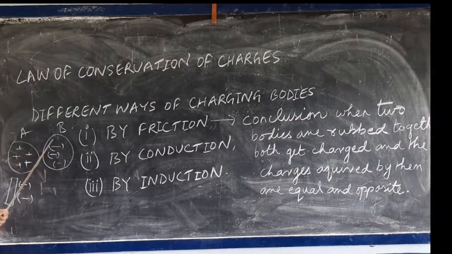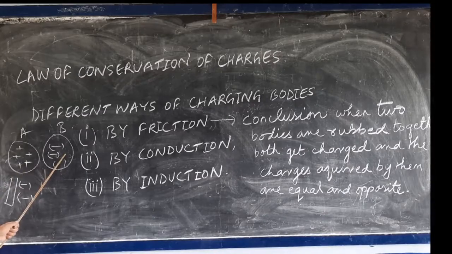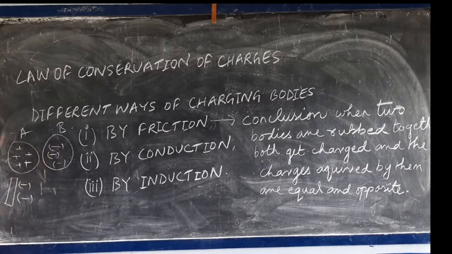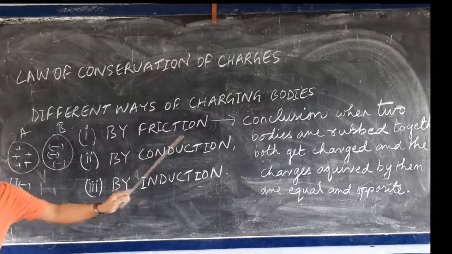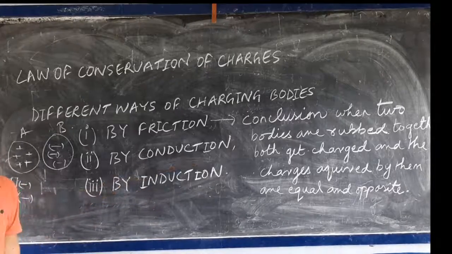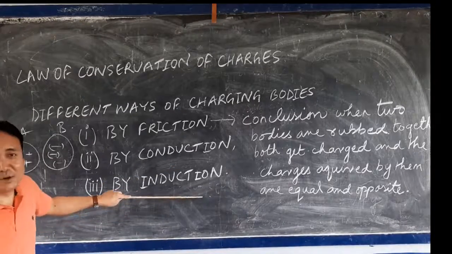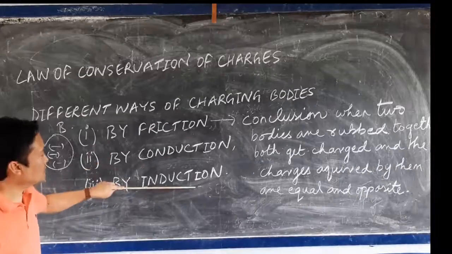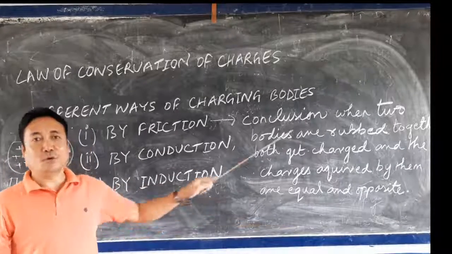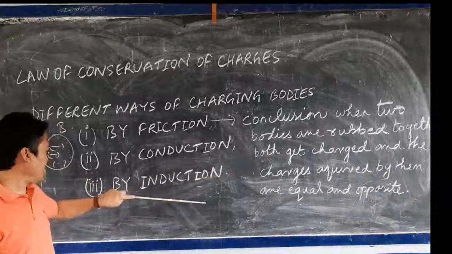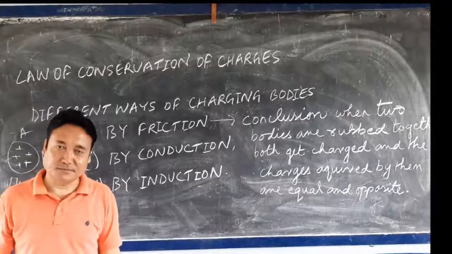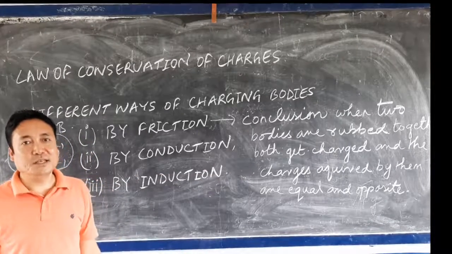Whereas sphere B will gain the electrons from A, and it becomes negatively charged. This way the charging can be done without touching a body, which we call charging by induction. So these are the three ways in which charging can be done: one by friction, another is conduction, and the third is induction. In the next class we will come to the electroscope.